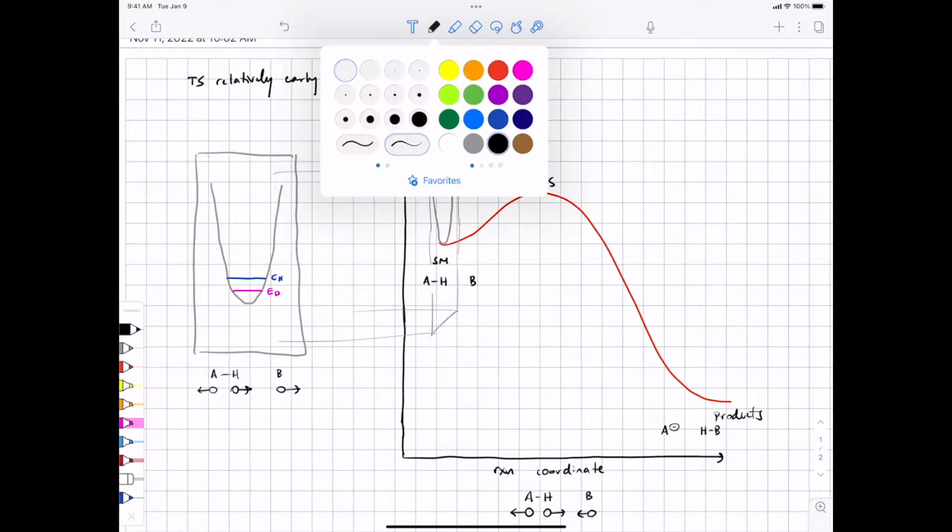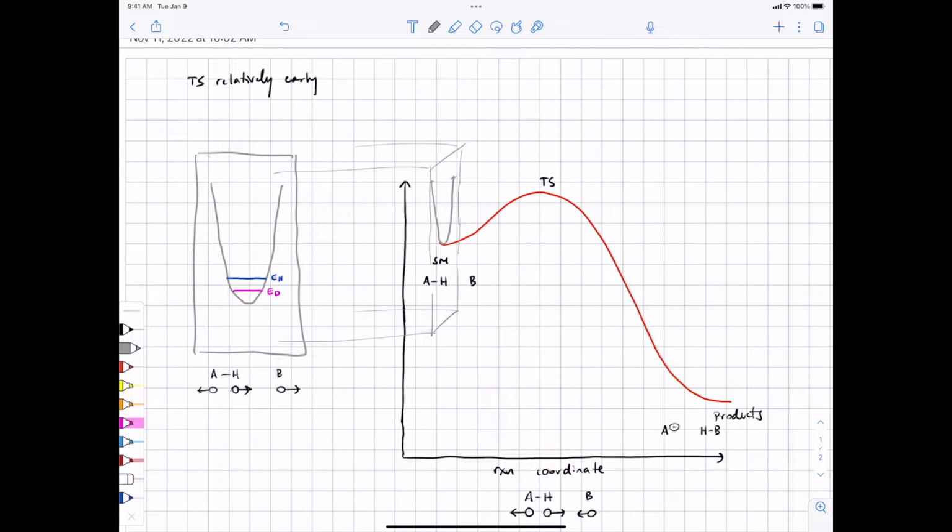So we'll take a similar slice, and because we've said the transition state is relatively early, that means it's going to resemble starting material.